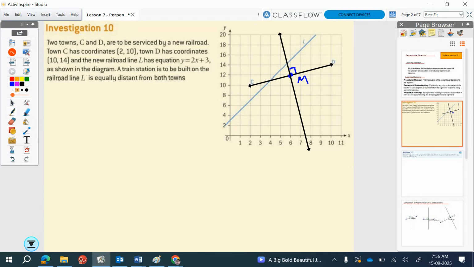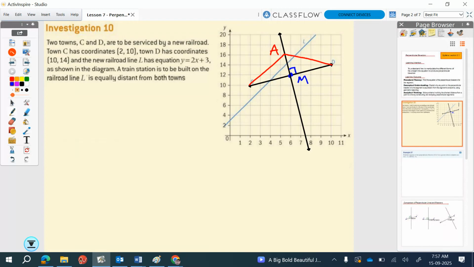Because we are equally distant from D to M and C to M. Now, any line along this, we go to here and here. These two lines from C to A and from D to A are also the same length. You can see it happening here in this diagram. You can visualize it. So if we can find this line, we can find that particular point.